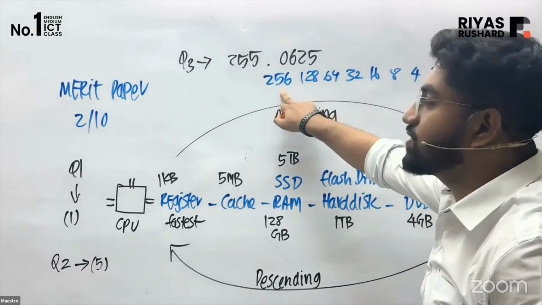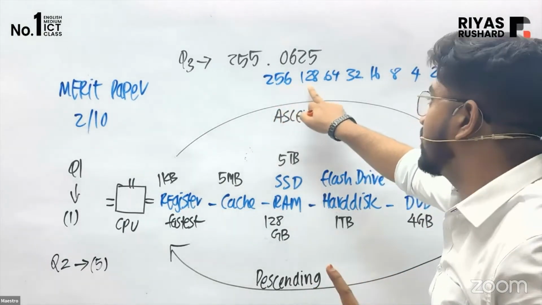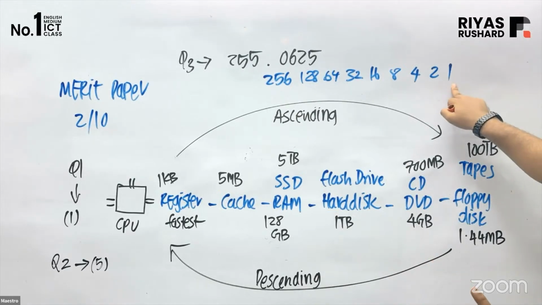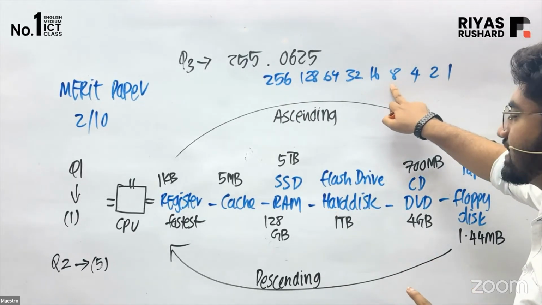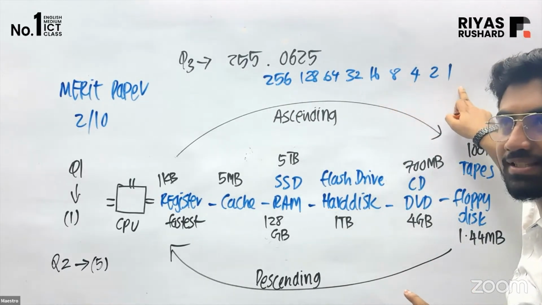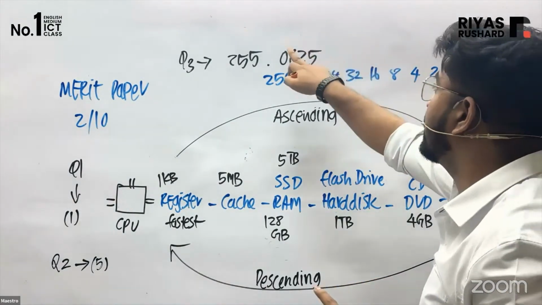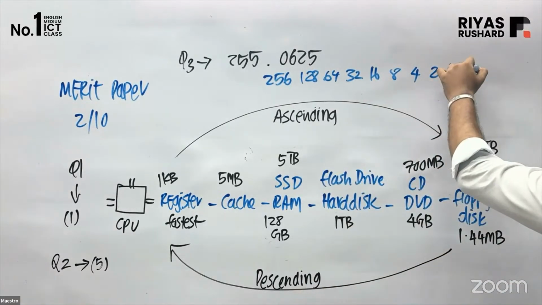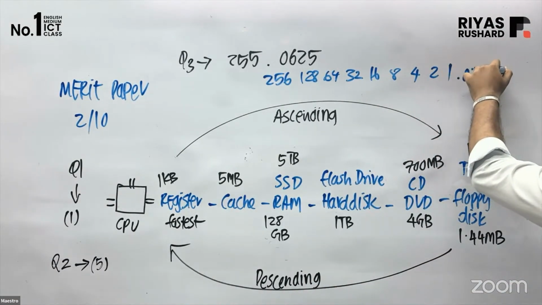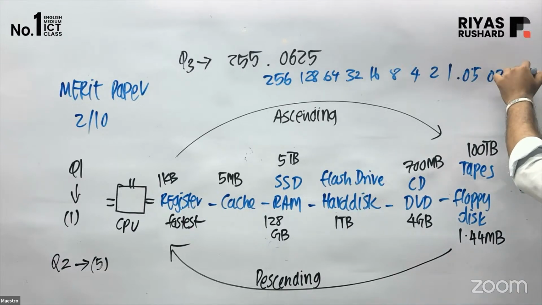Now, if this is 256, the total of this will be 255. If this is 8, the total will be 7. If this is 4, the total will be 3. So 255, then 0.5, 0.25, 0.125, 0.0625.